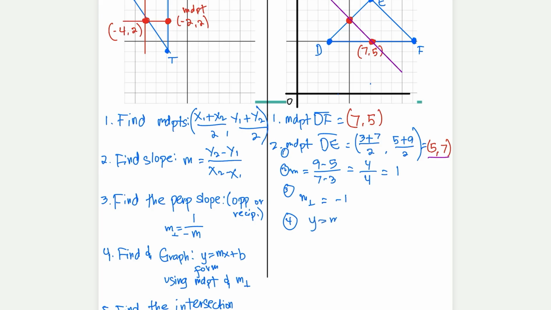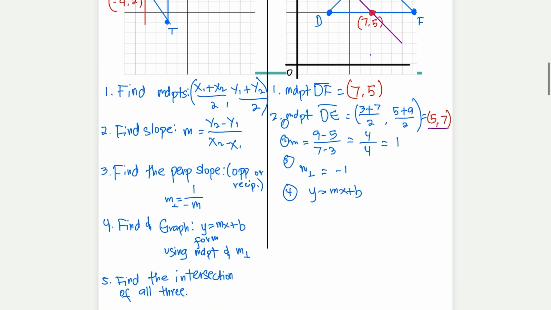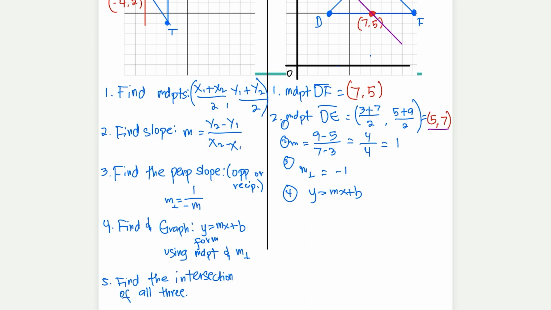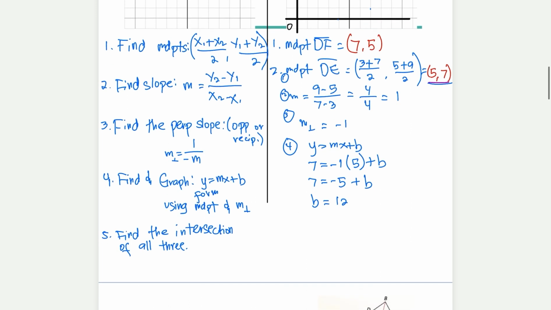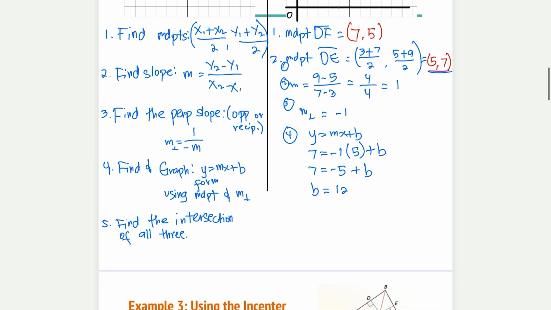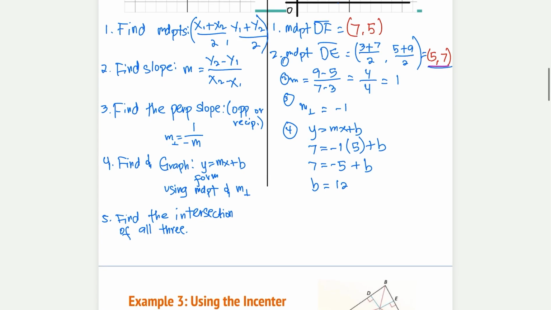Using y is equal to mx plus b, using the midpoint, 7 is equal to -1 times 5 plus b, and then 7 is equal to -5 plus b, and then moving the 5 on the other side would give me b is equal to 12.